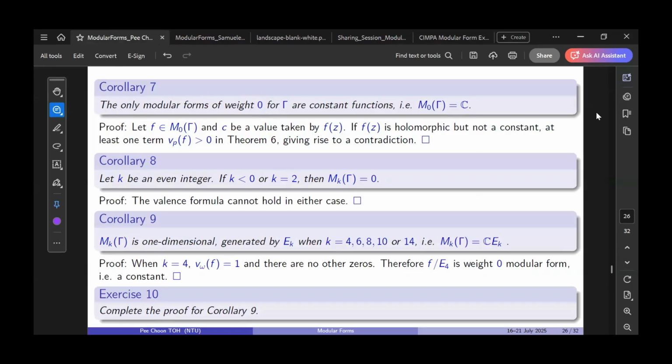For k negative or k equal to 2, the only modular form that exists is the zero function. And for modular forms with k equal to 4, 6, 8, 10, or 14, they are all one-dimensional.